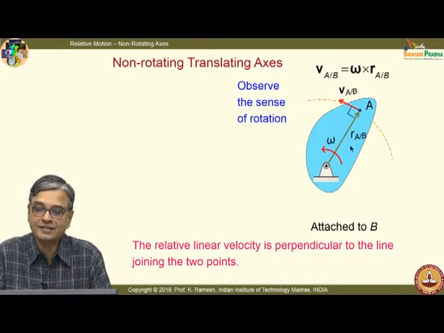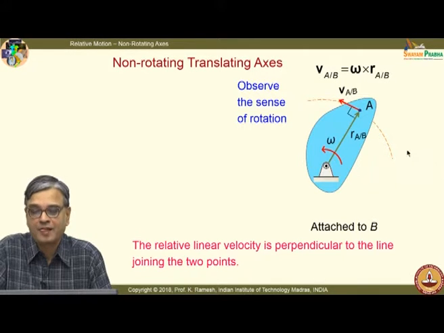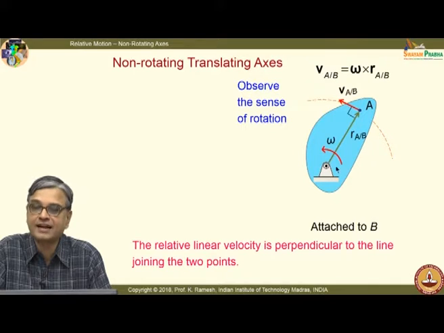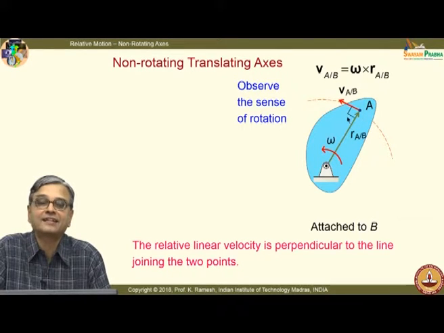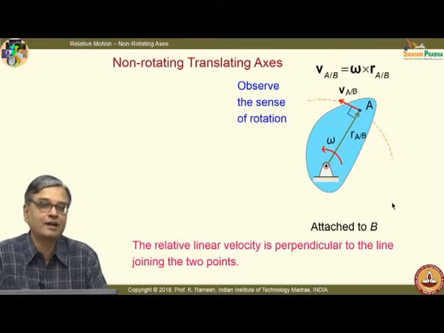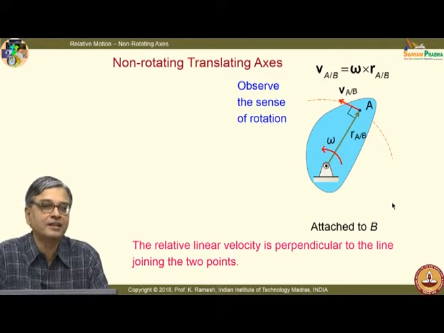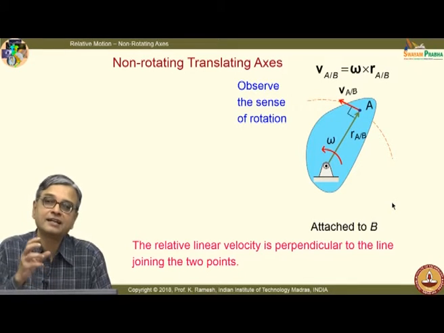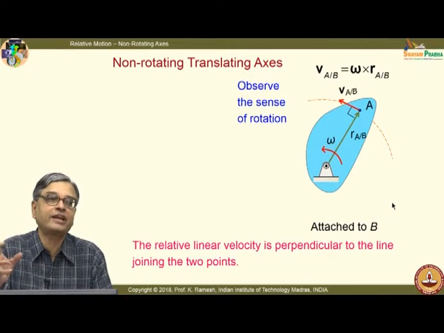So, you need to understand the mechanics of it. If I attach a non-rotating translating axis at point B, I would see point rotating with respect to B like this. Suppose I do a different aspect, I do not take point B as my reference, I attach an axis at point A.